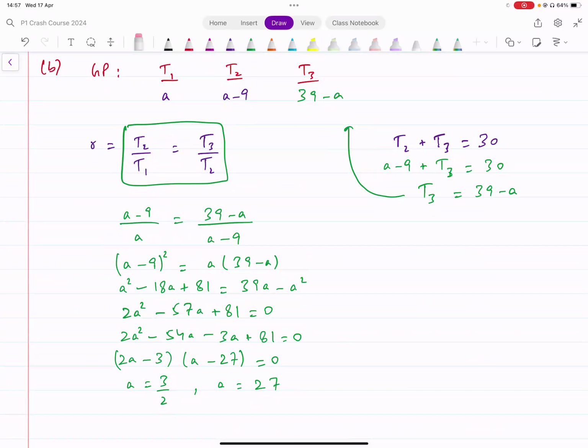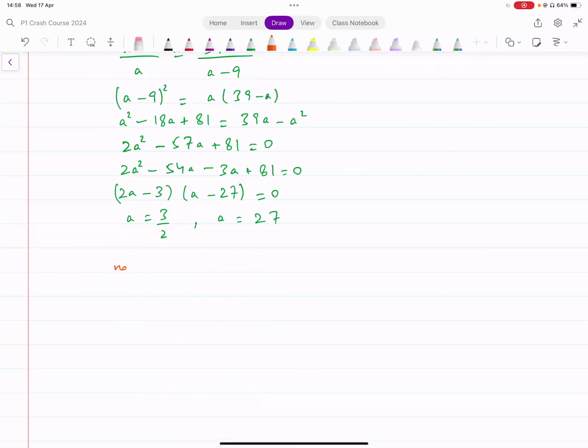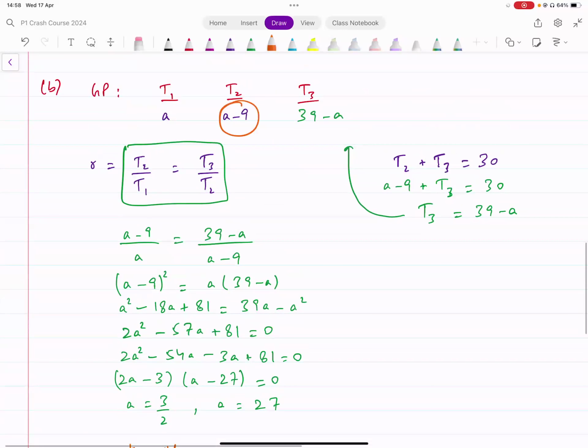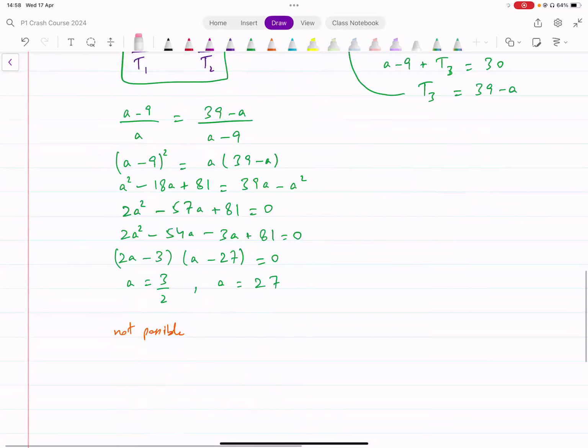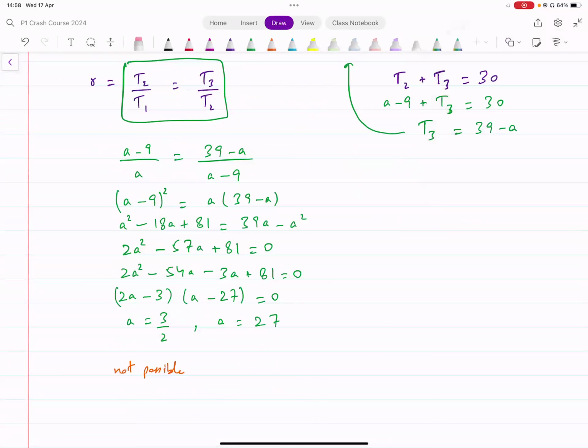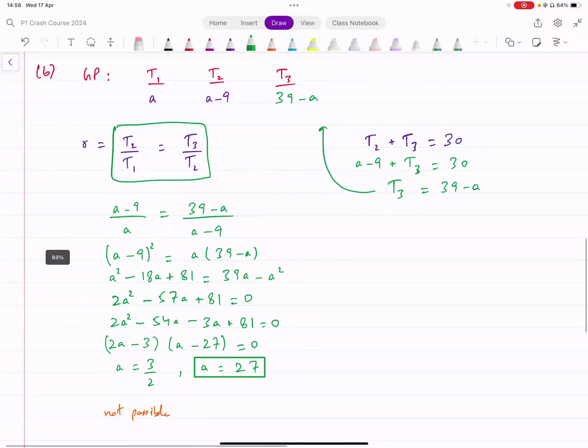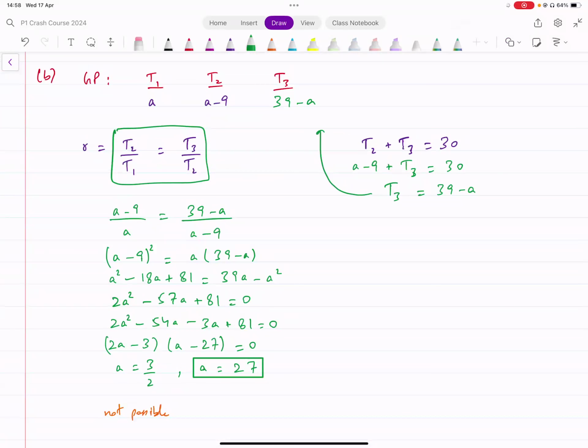So that means 3 over 2 is not possible, because any term in this progression, they are saying, cannot be negative. All terms are positive. So the only answer that we have, therefore, is A equal to 27. That's the only answer that we've got, and that's what we were looking for. Is that okay?